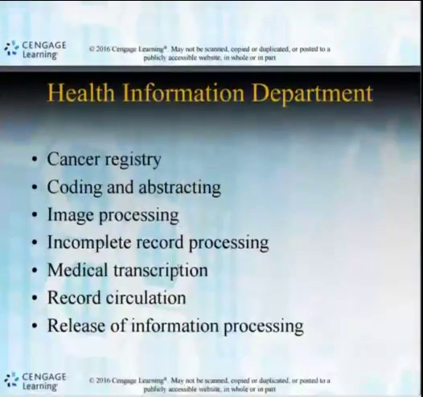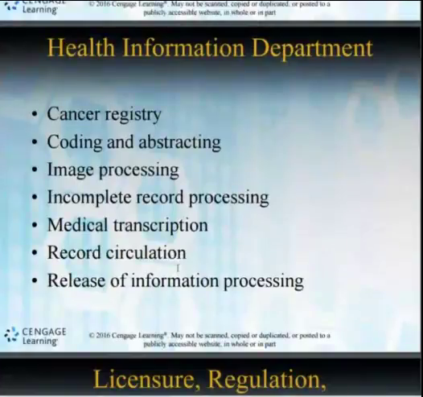Now, next is a listing of areas that you can work in with a health information background. We have cancer registry. These people are credentialed, they take certification, and they do follow-up on all cancer patients, then gather information which is then used for research to help with cancer treatment. Coding and abstracting.